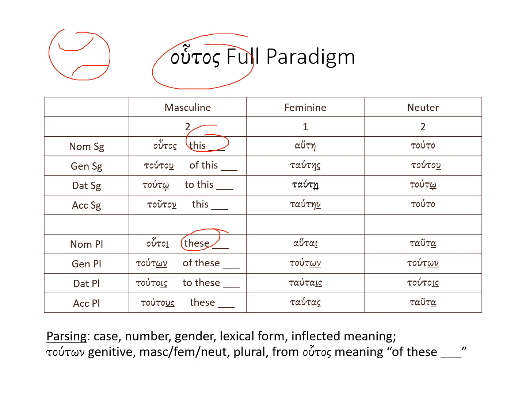And the paradigm here, you can see we begin with houtos, and then we go to toutou, touto, touton, and then houtoi, toutōn, toutois, toutous. The second declension pattern here in the endings all the way down.